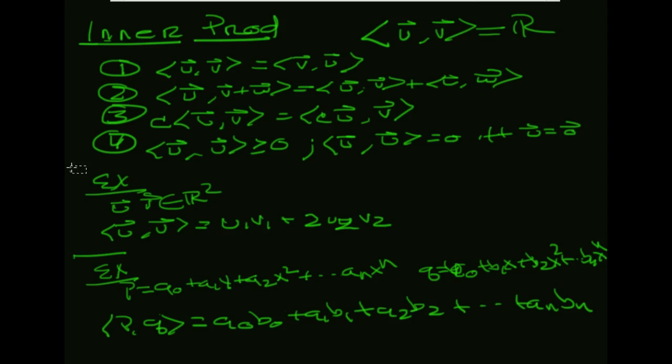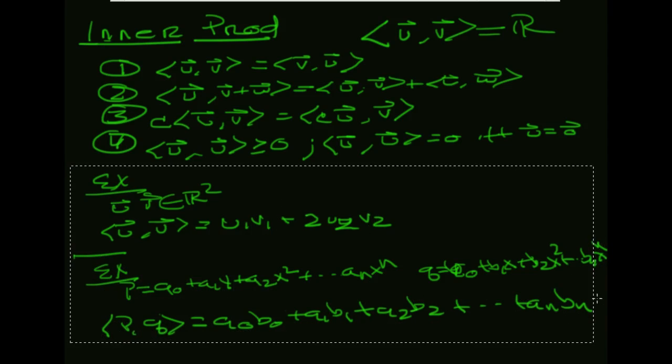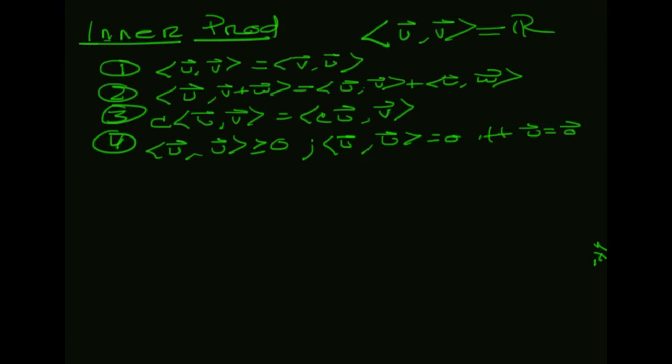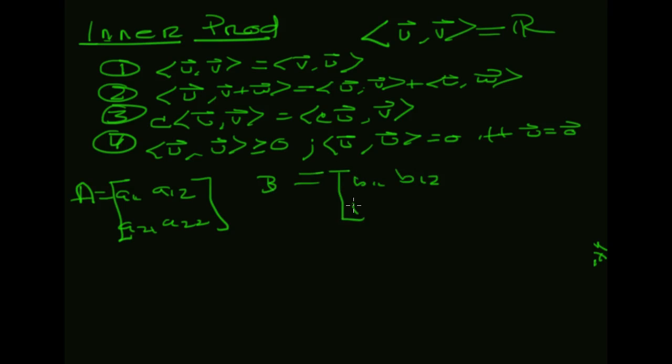All right, so let's get a couple more that are pretty commonly used. You could do one with matrices. You could have a matrix A with entries A11, A12, A21, A22, and a matrix B with entries B11, B12, B21, B22.